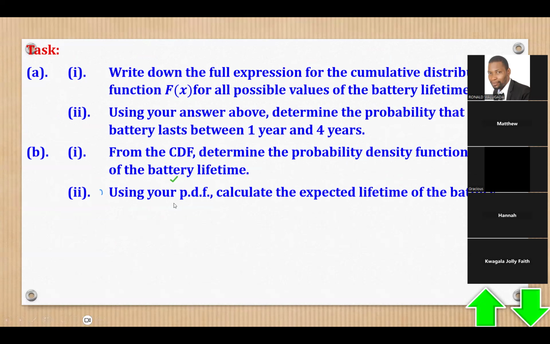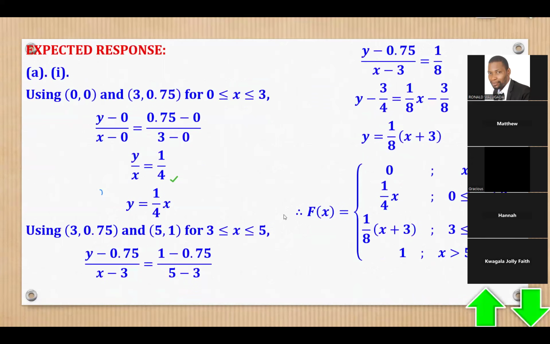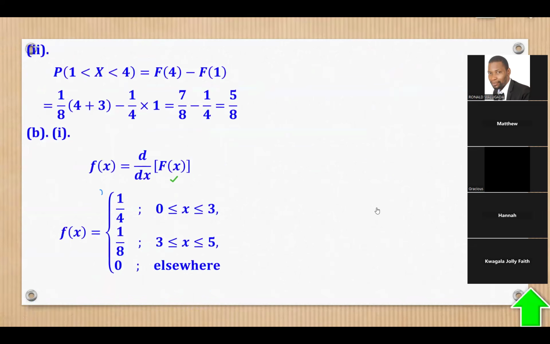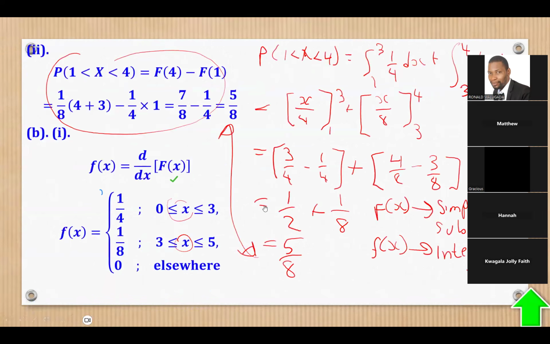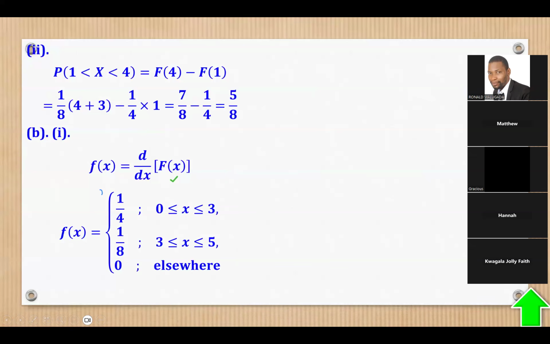So even if they didn't tell us to use your PDF, automatically you were supposed to, because expectation, variance, and standard deviation can only be got from small fx. The formula is that; I think we saw it in the introduction part.